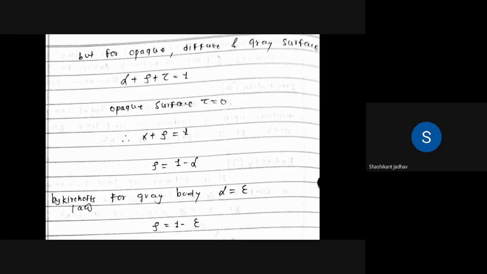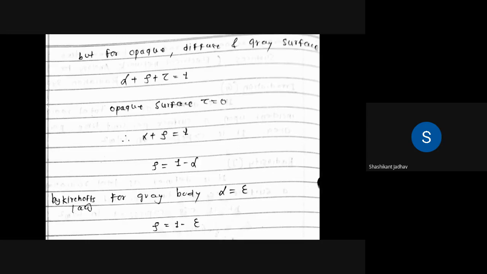We have seen the different bodies: what is meant by black body, white body, gray body, opaque body. As per the standard relation, alpha plus rho plus tau is equal to 1. This is the standard equation, and as per the bodies this relation may change. If an opaque body is there, then transmissivity is equal to 0.